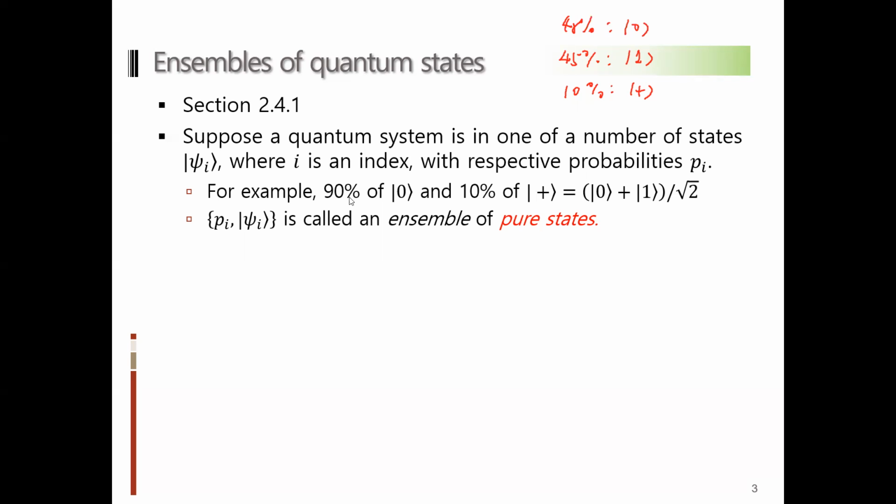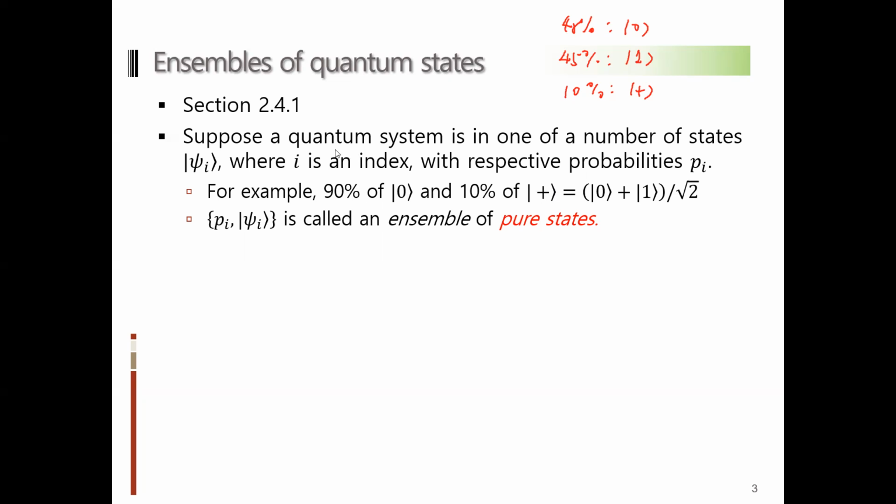In this case, we call each of these a ket vector. Up to now we only called each of these a ket vector, and we say that each of these ket vectors in the Hilbert space is a pure state. The problem here is that we have a mixture of pure states with some kind of probability.